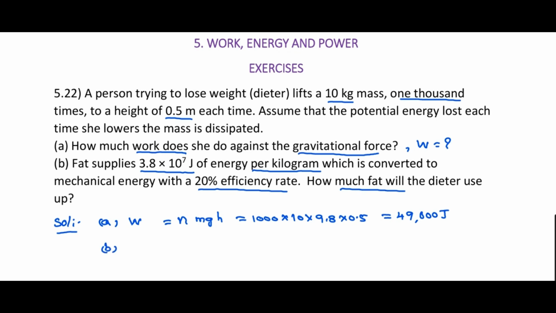Now coming to B. 1 kilogram of fat gives 3.8 into 10 power 7 joule, at 20% efficiency. So what we can write?